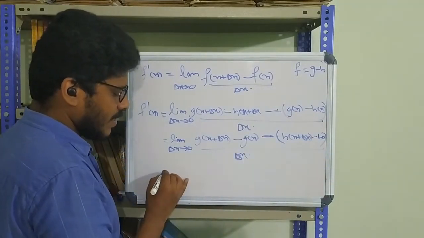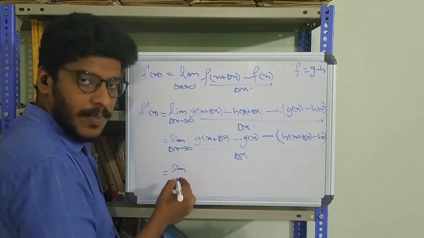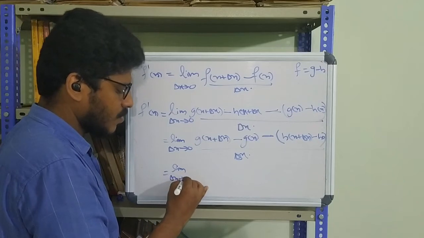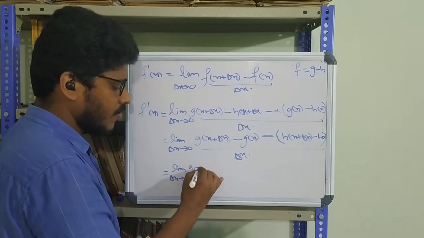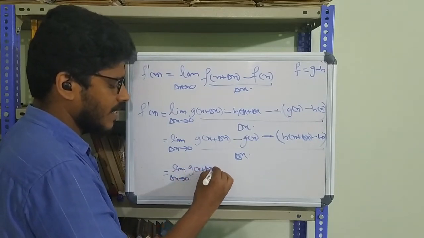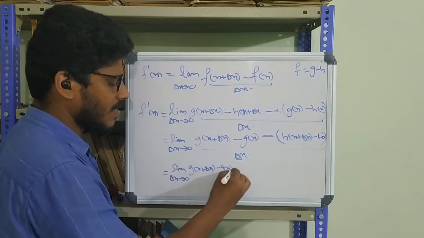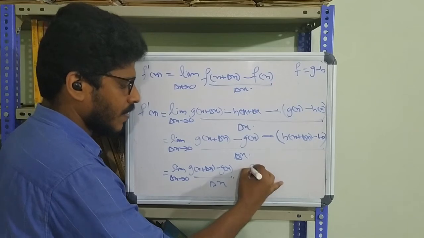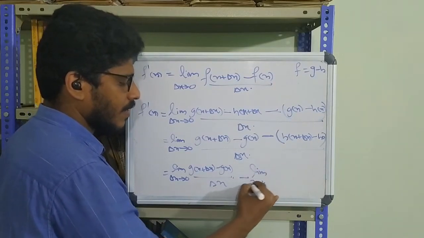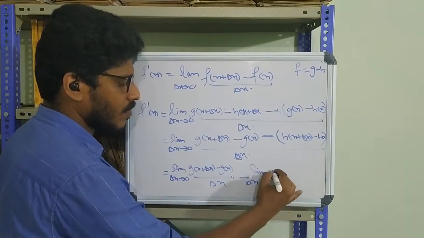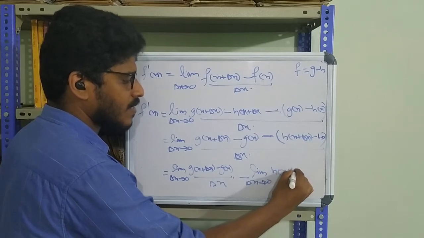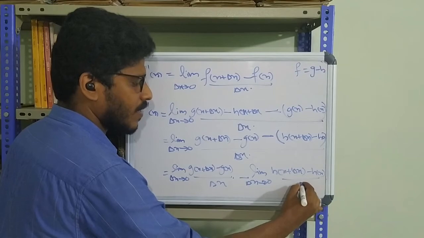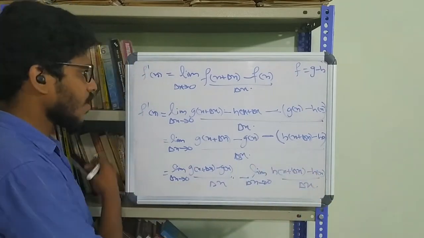Now we can separate this limit, using the properties of limits, as limit delta x goes to 0, g of x plus delta x minus g of x divided by delta x, minus limit delta x tends to 0, h of x plus delta x minus h of x divided by delta x.